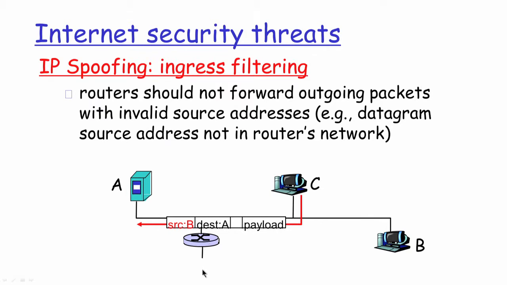So there is no way I would get a packet coming in here with the source address as B. Now with this kind of an ingress filtering mechanism, the router, when it receives a packet, will have this as one of the criteria to check the validity of the source address, and will silently drop the packet in cases where it finds that the packet is being received on an interface and the source IP address of the packet does not match the network address of that particular interface. So this is one way by which the IP spoofing threat is eliminated, by doing certain configurations on my router device, right.